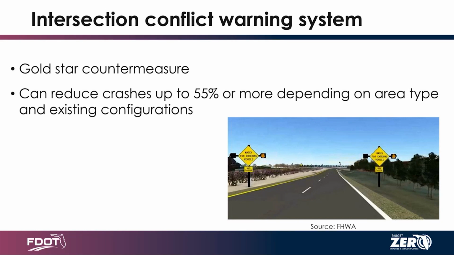This has a 55% or more crash reduction. It's relatively new, and it requires ITS in order to detect that vehicle entering from the minor street and flash that warning sign on the major street to alert vehicles.